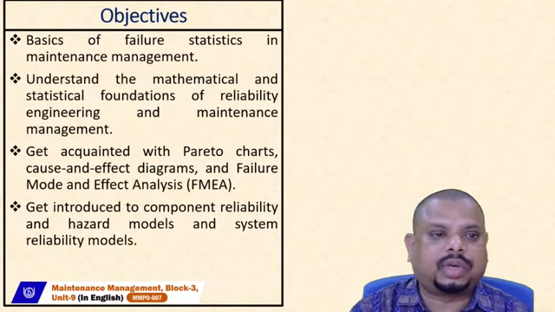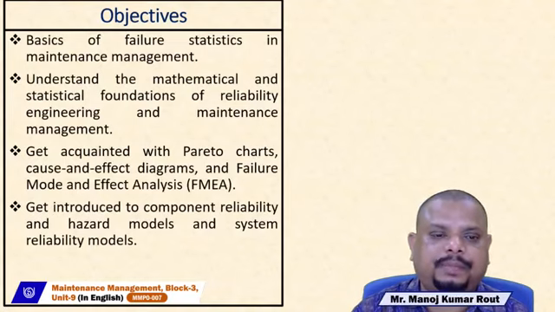So the objective of today's session is to understand the basics of failure statistics in maintenance management, then understand the mathematical and statistical foundation of reliability engineering and maintenance management. Then students get acquainted with the Pareto chart, cause and effect diagrams, and failure modes and effect analysis, shortly known as FMEA.